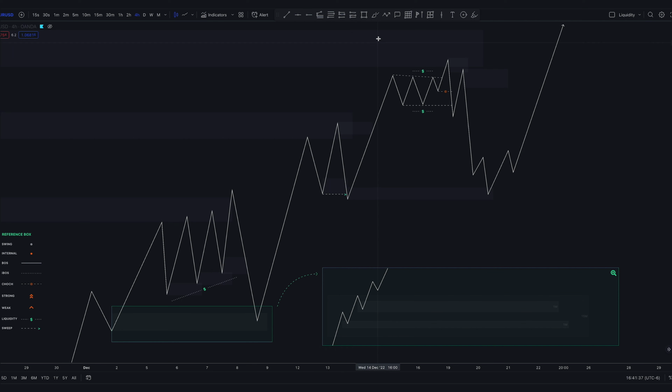As price was moving up here, I want to showcase the 1 minute time frame inside of this box, which would be part of this move here, correct? As price was making higher highs on the 1 minute, it left these demand zones.